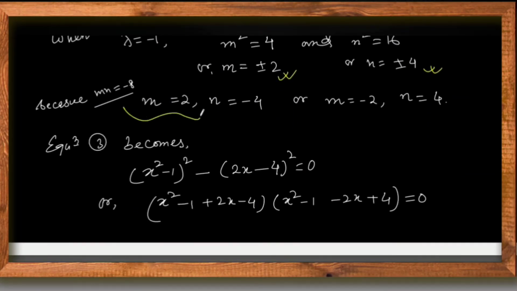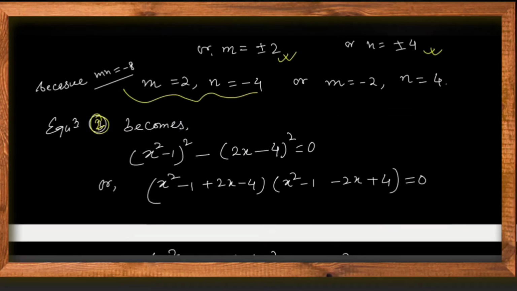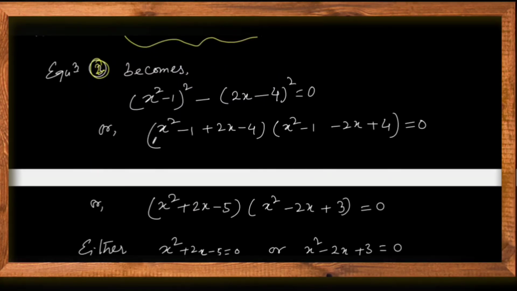If we choose this pair, it becomes (x square minus 1) whole square minus (2x minus 4) whole square. From here we can easily see that a square minus b square can be written as (a minus b)(a plus b).